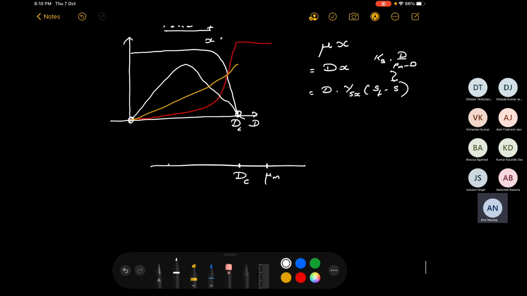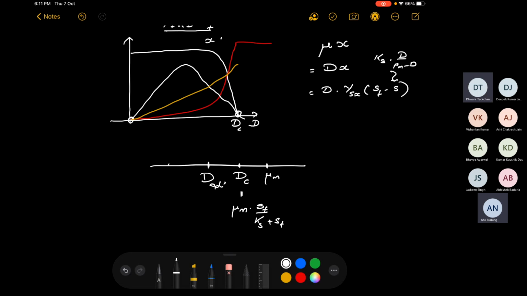Why? Because D sub C is equal to mu m multiplied by Sf over Ks plus Sf. That is clearly less than mu m. It can be close to mu m, but it cannot be bigger than it. We have just shown by this physical argument that your D optimum is somewhere here. But your formula is telling me that D optimum is bigger than mu m. Are you following what I'm saying?